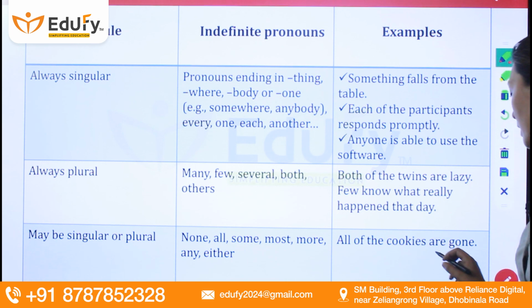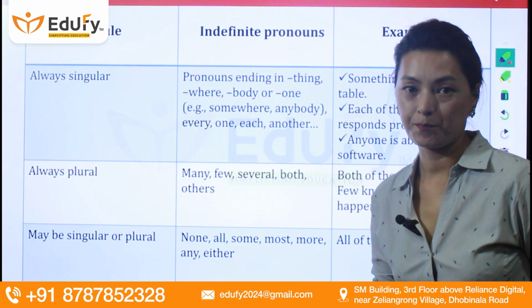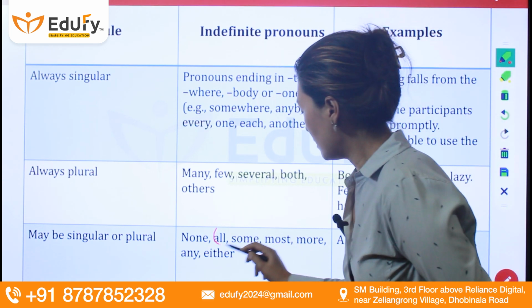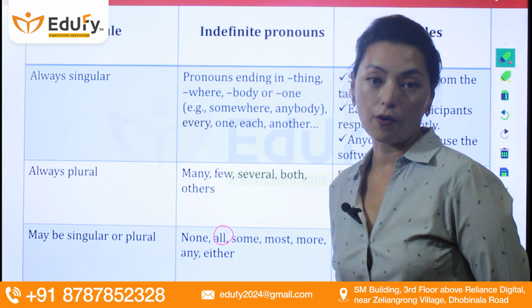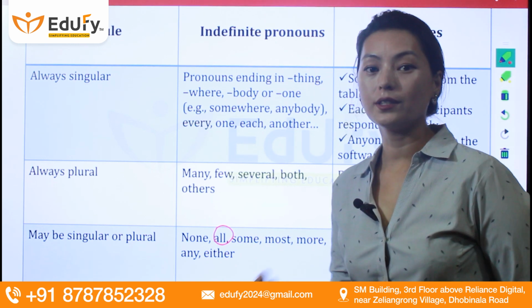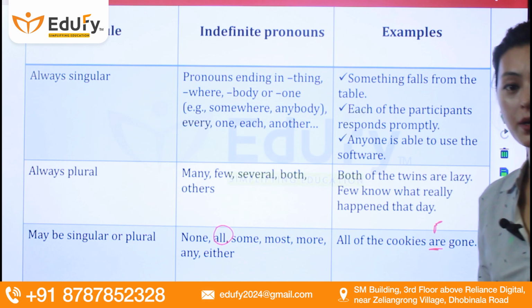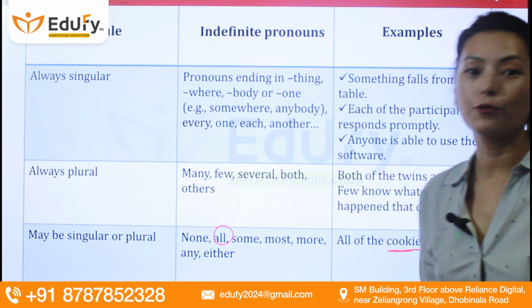Let's take a look at this example here. All of the cookies are gone. Now here I have written "are," right? Why have I written "are"? This is an indefinite pronoun, so maybe I can write it as singular or plural. So what is the choice that I've made? I have made the choice to write it as a plural verb. Why? Because it is referring to multiple cookies.